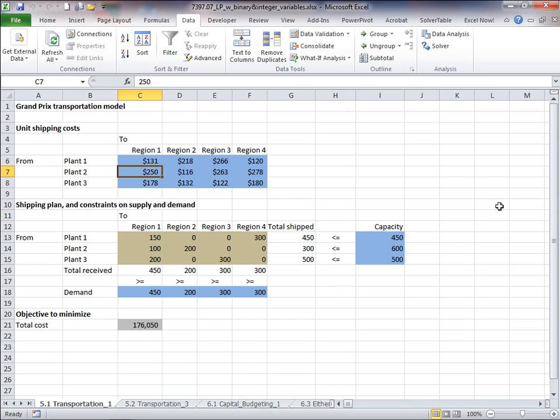But the cost to ship from plant 2 to region 1 is so much greater than the other two regions. Even 178, that's almost $75 cheaper than from plant number 2. So my question is, is there a way that I can take advantage of a lower shipping cost? Well, the only way I know to do that would be to change the capacity of one of the other two plants. And so that's why I'm asking the question.